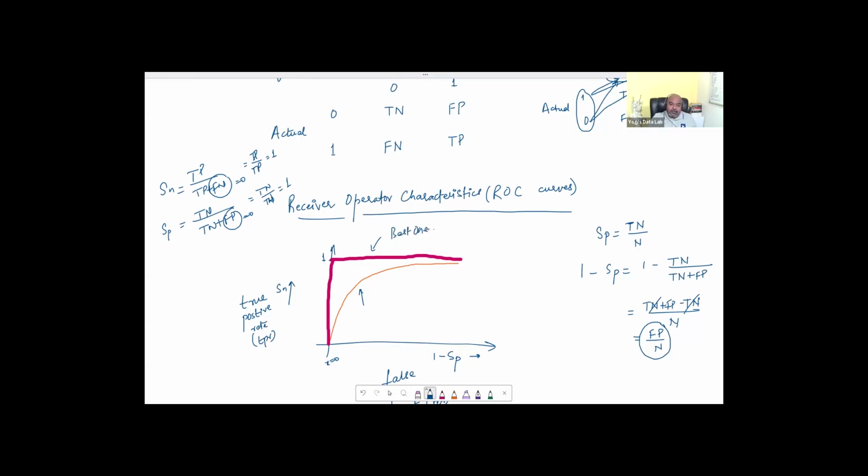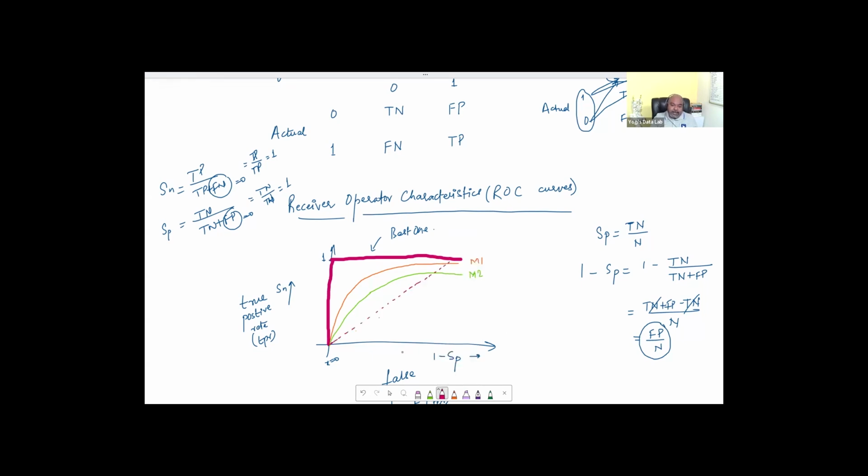There's another thing we have to consider here. Let us say I have been given two curves, one the orange one and the other the green one. The orange one represents model M1, meaning I have built two different models. For the first model, the orange one, I have this ROC curve, and for the second model, this is the ROC curve. Which one of them is a better model? Let me draw a line at 45° over here.